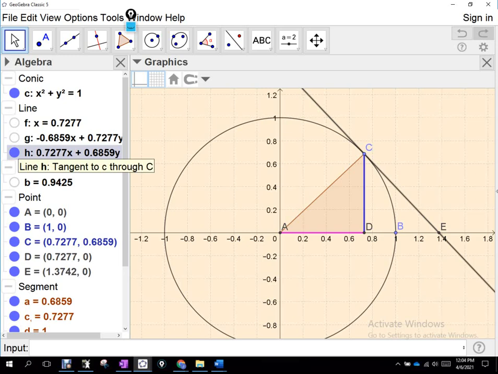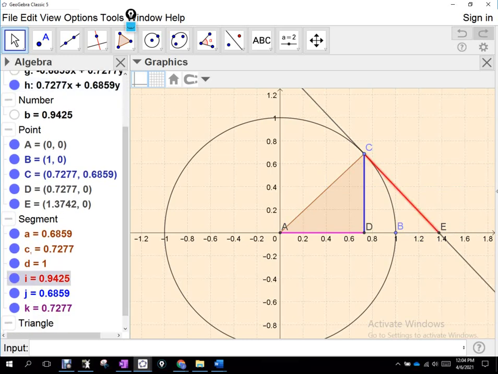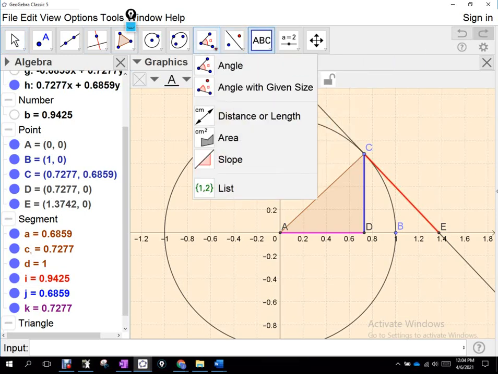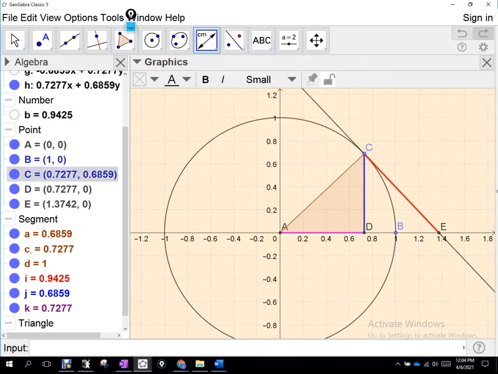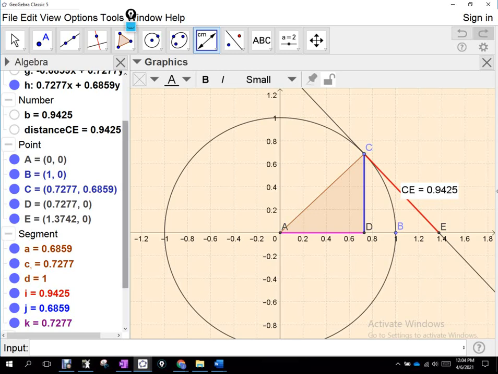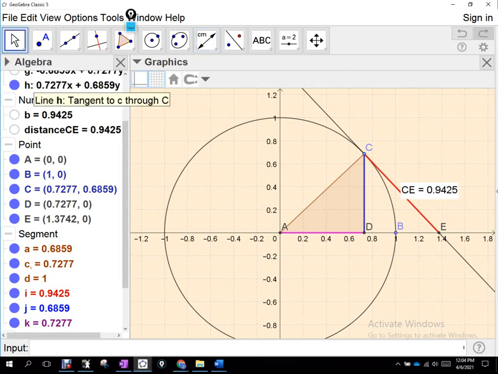I'm going to look at the distance from C to E, the portion of that tangent line that goes from the point of tangency to the x-axis. If I ask it to tell me that distance, it's 0.9425.